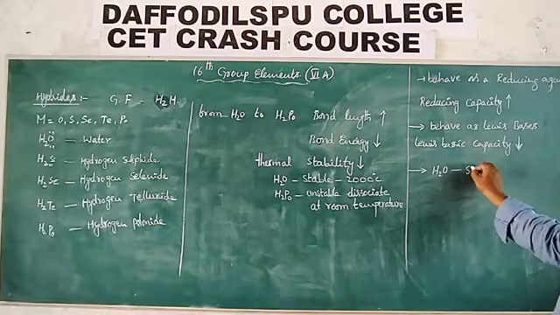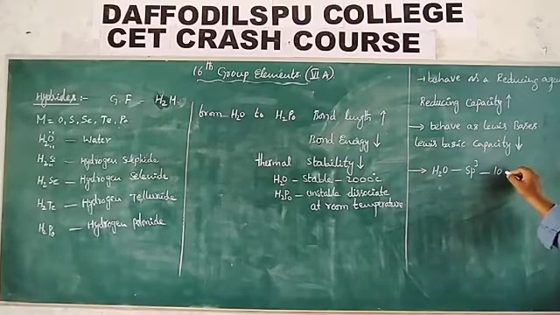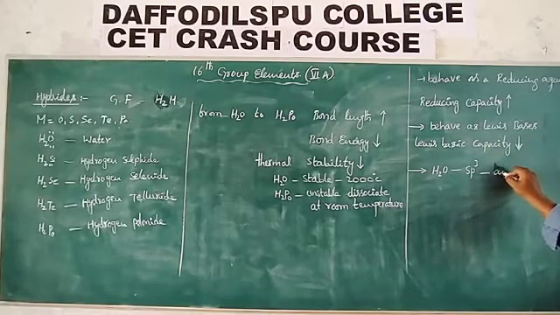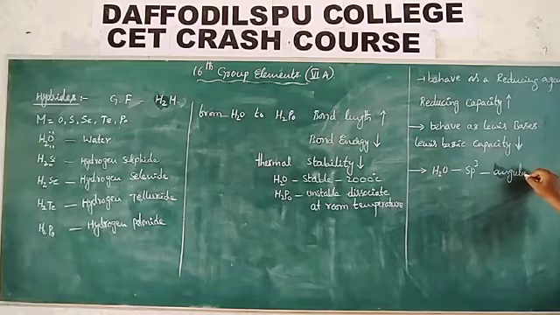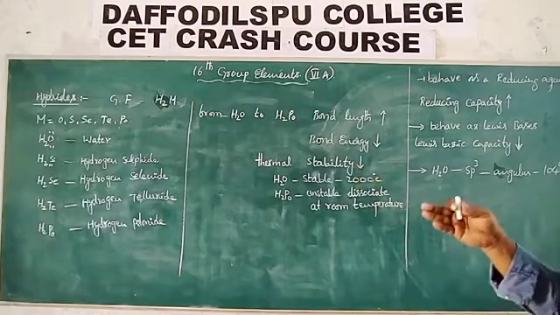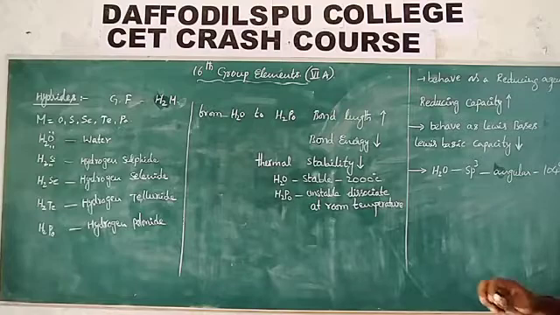H2O is in sp3 hybridization. Bond angle is 104 degrees. It has angular shape. The remaining hydrides H2S, H2Se, H2Te, H2Po do not undergo hybridization.